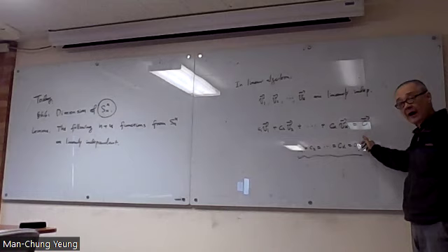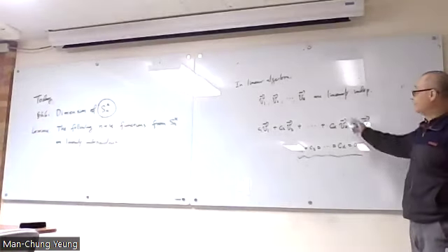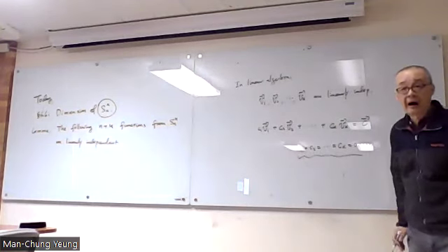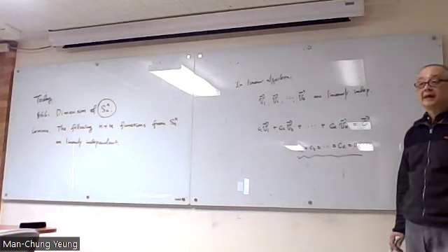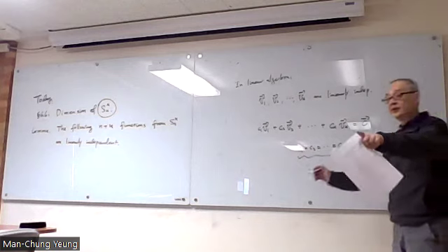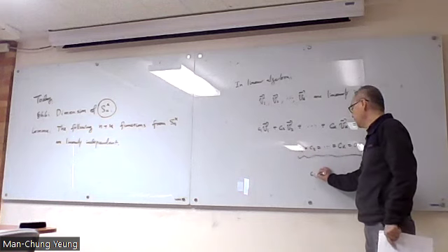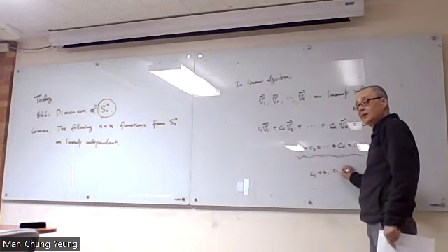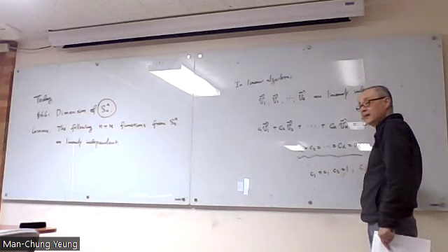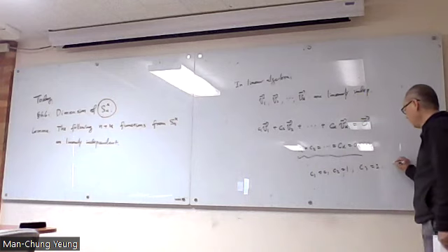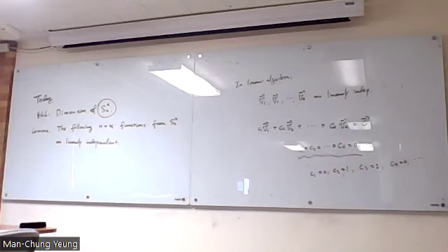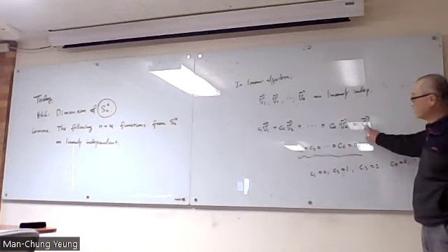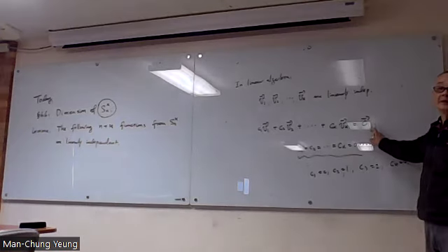If this equation has more than one solution, then we say that these k vectors are linearly dependent. Say for example, C1 is 0, C2 is 1, C3 is 2, and C4 is 0, and so on. Suppose this is a second solution of this equation.